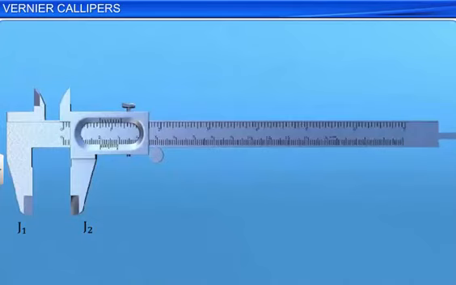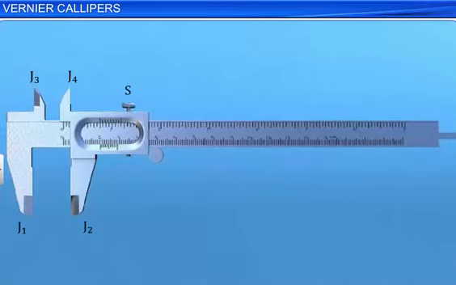The vernier calipers is also provided with two more jaws, J3 and J4, on the upper side. J3 is attached to the main scale and J4 to the vernier scale. A screw S is attached to the main scale. It is used to fix the vernier scale at any position on the main scale.